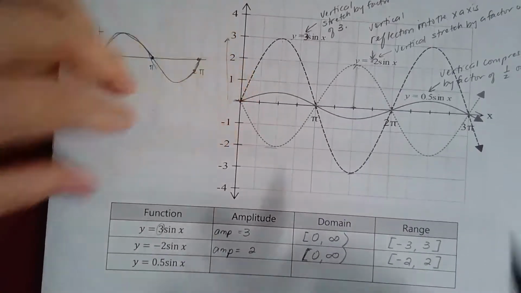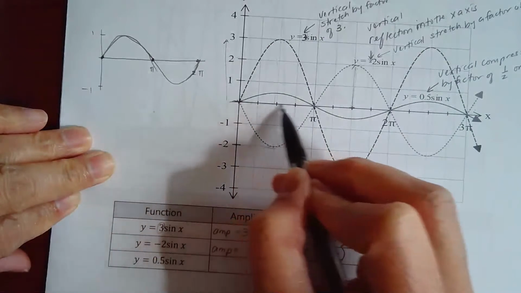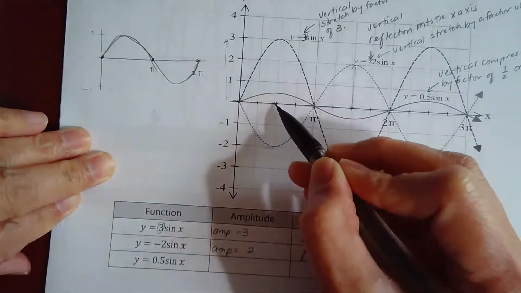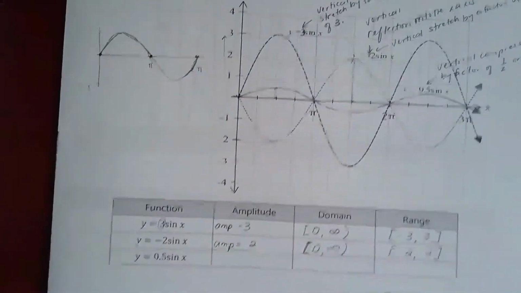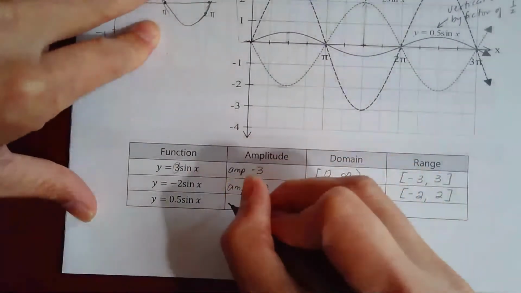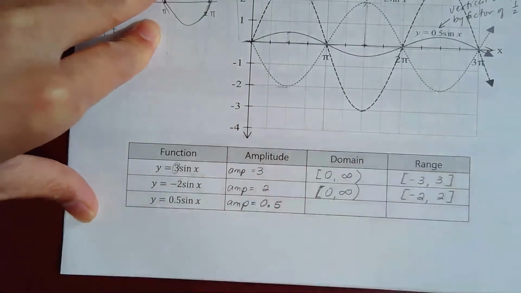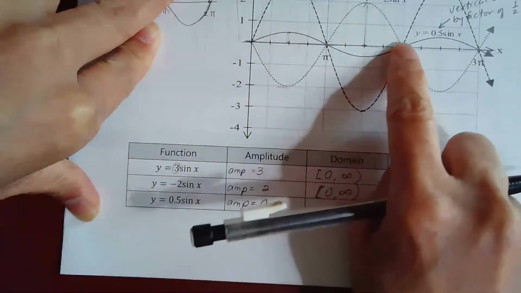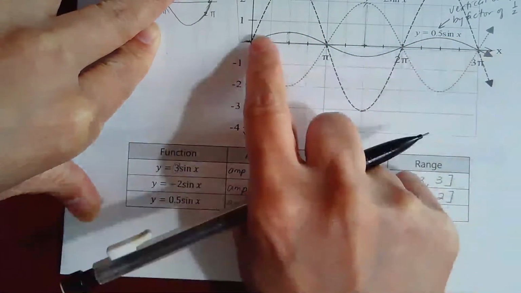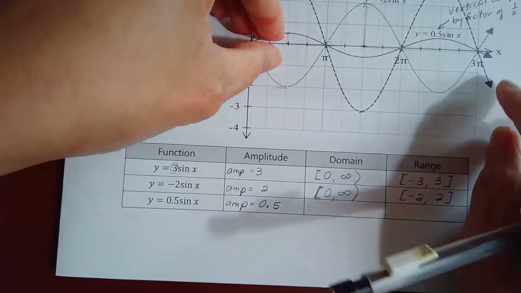So the amplitude now, the amplitude is the distance from the middle line, so this is our middle line to our maximum. That's now 1/2. So the amplitude is 1/2 or 0.5. The domain, so we're going to follow this smooth curve down here. It's a smaller amplitude.